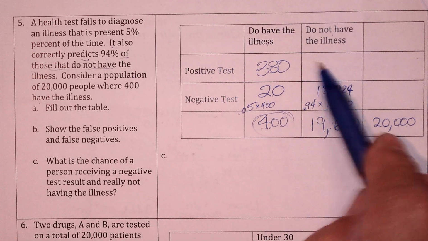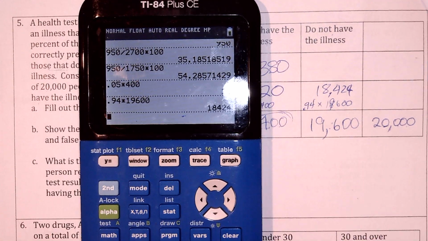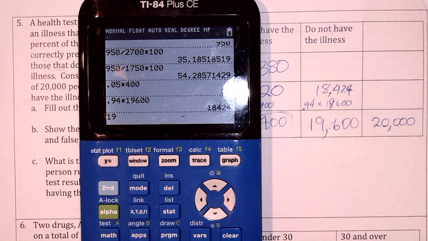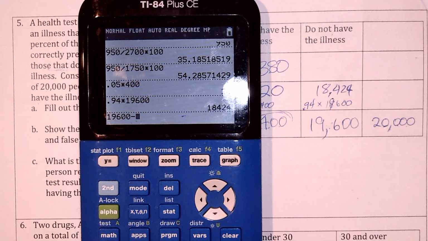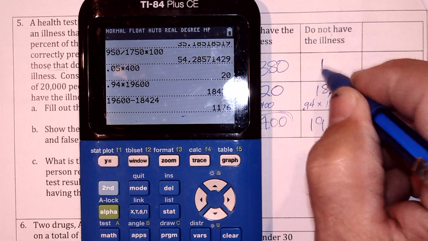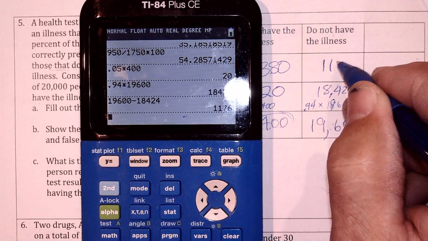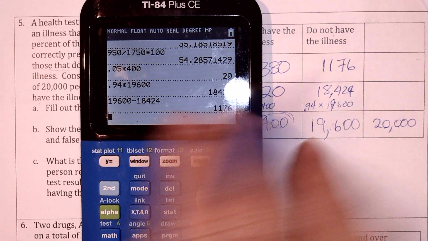They don't have the illness, but it says, oh, yep, I think you do have it. So I got to take 19,600 minus the ones that are correctly testing, 18,424. That is 1,176.